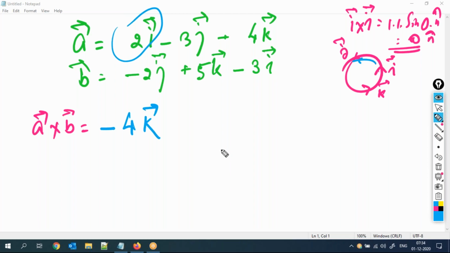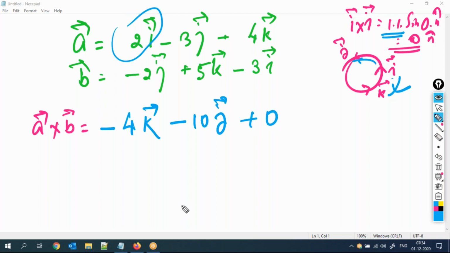Next, 10 I into K, which is equal to minus J. So this will be minus 10J. Next, I into I cross I will be 0.